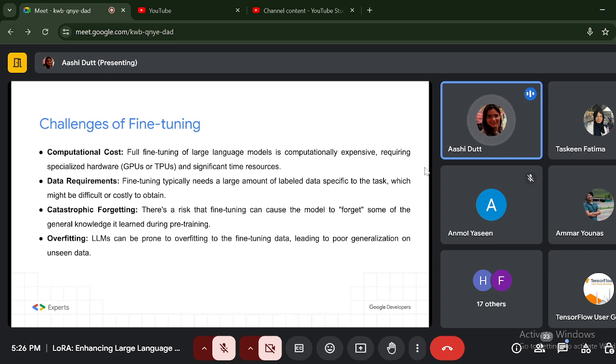Then catastrophic forgetting. There may be cases where your model forgets what it has in its knowledge base when you're fine tuning it. It happens sometimes. Then overfitting. LLMs might be prone to overfitting when you're fine tuning them because of poor generalization or so, right? So these are a few challenges, and now we'll understand how LoRA overcomes these challenges.